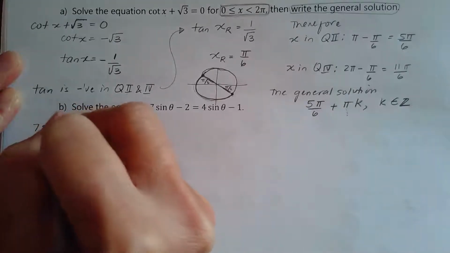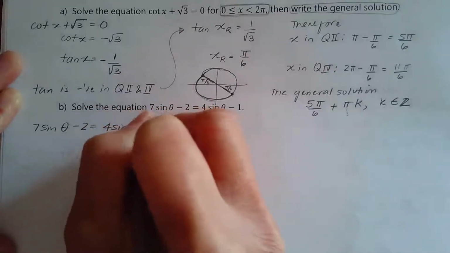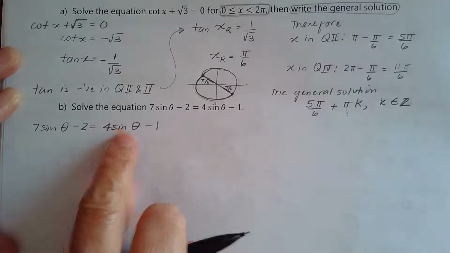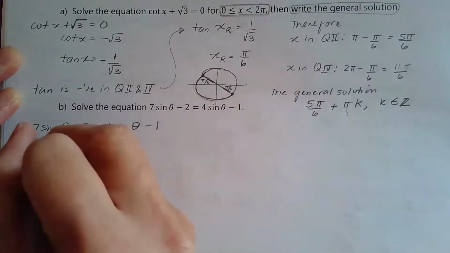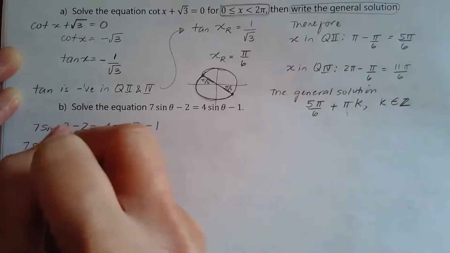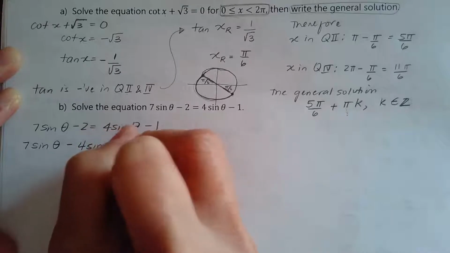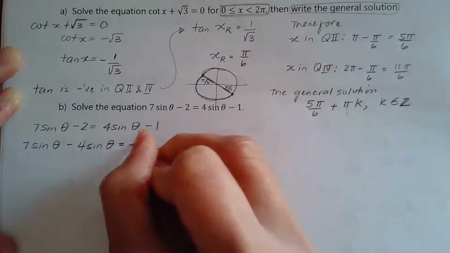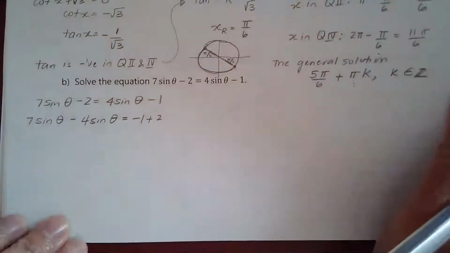So bring the ones with the sine on one side and all the numbers on the other side. What does that look like? 7 sine theta minus 4 sine theta equals negative 1 plus 2.